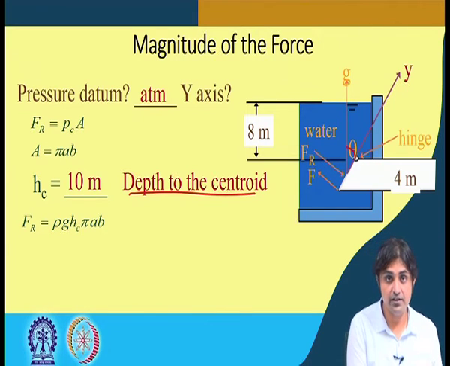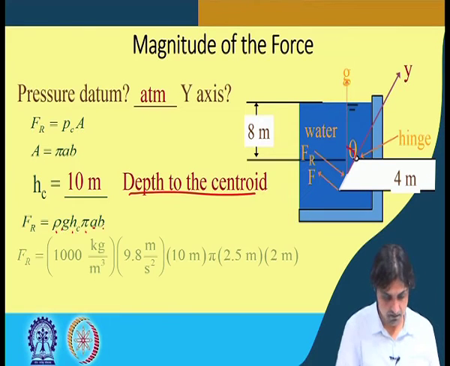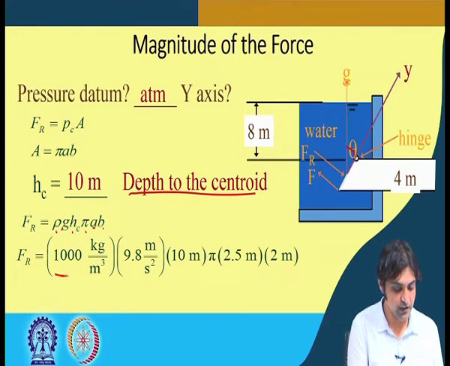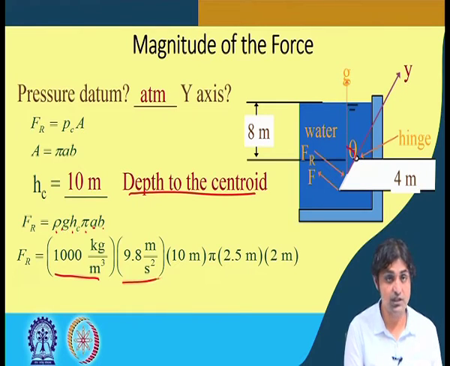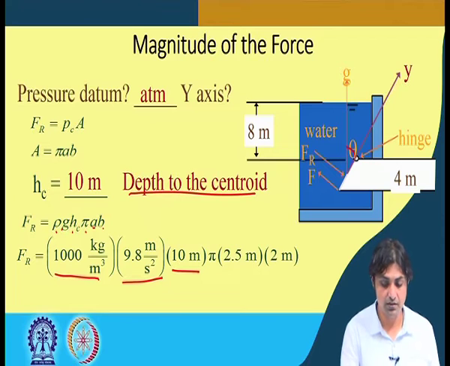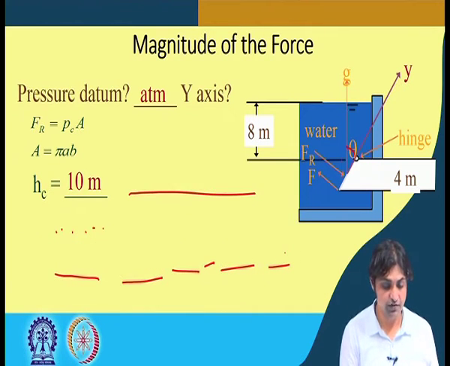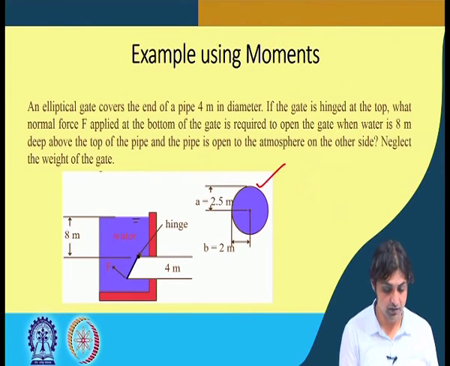So FR is going to be rho g HC pi AB. Rho is 1000 kilogram per meter cube, g is 9.8, height of the centroid that we have seen is 10 meters, because 8 meters is this water depth and the depth location of the centroid is further 2 meters below this location. So 10 meters, pi is pi, A is 2.5 and B is 2, as we have seen the values of A and B from the previous slide here.